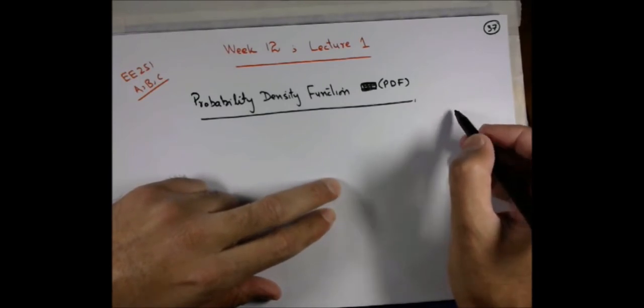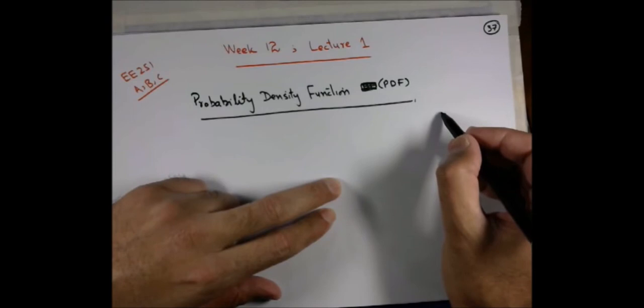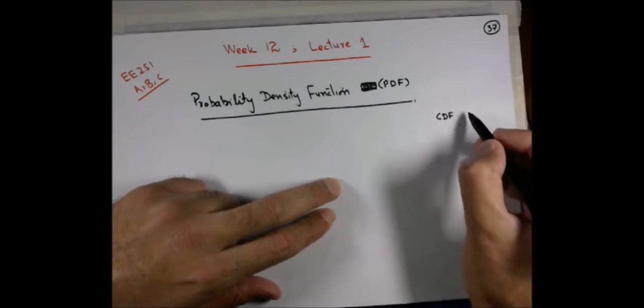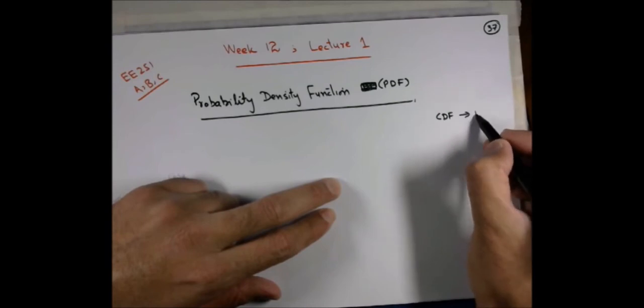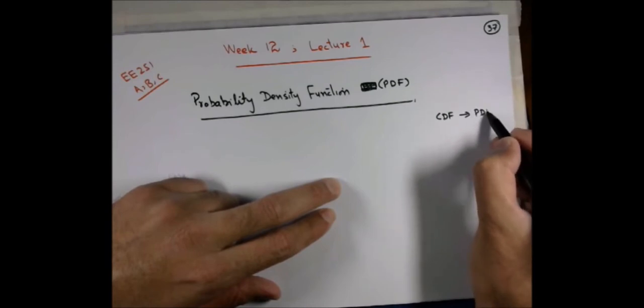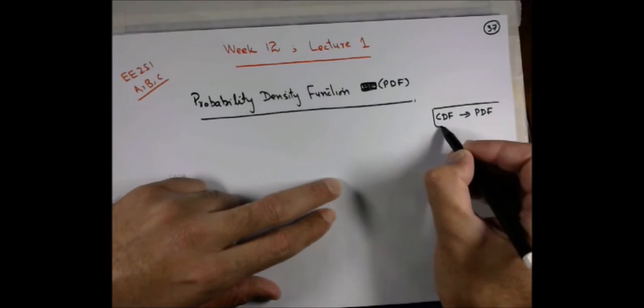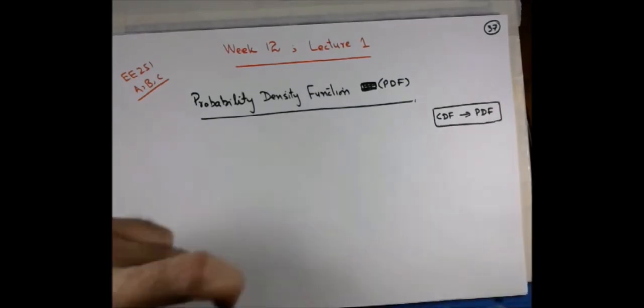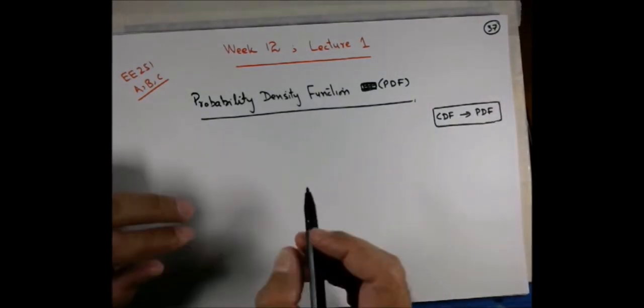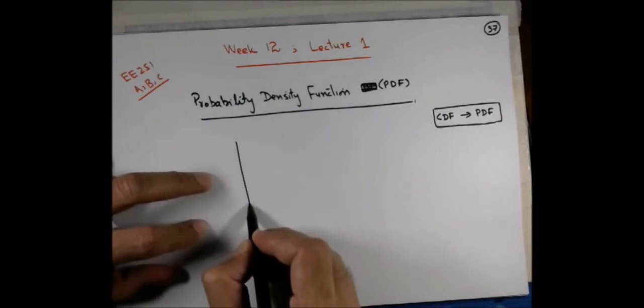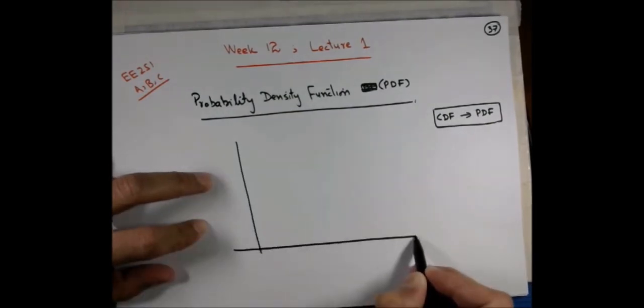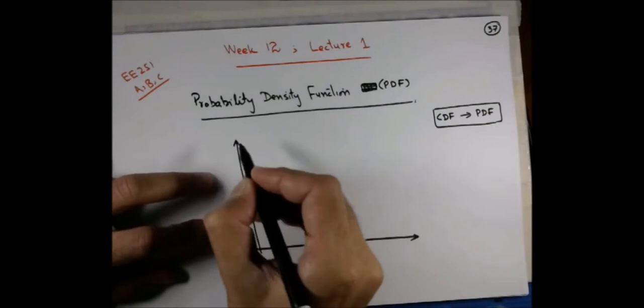But if you recall, I told you that for the cases of these continuous random variables, we will first understand the concept of CDF, and from there we will derive the concept of PDF. So we'll do it today, and for that you need to understand this plot now.